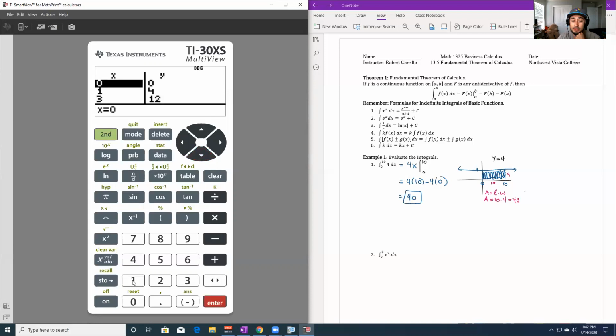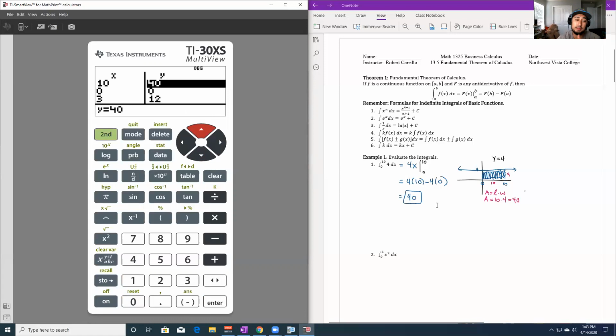Then you'll type in the first number of the interval, which is 10. Then you'll type in the second number of the interval, 0. And again, subtract those two numbers. 40 minus 0 gives us 40, which we have over there.